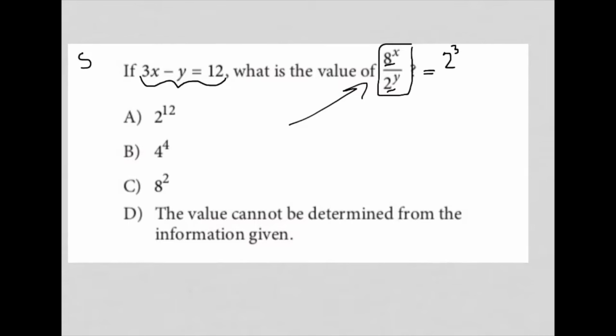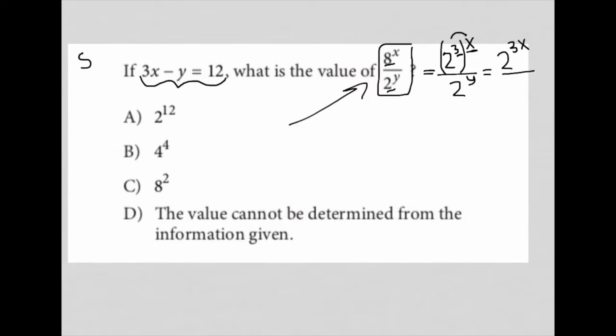So if I replace 8 with 2 to the third power, keep the x where it is, and I still have my 2 to the y on bottom, that would turn into 2 to the 3x, because exponent rules say if I have a power raised to another power, I multiply those two powers together.